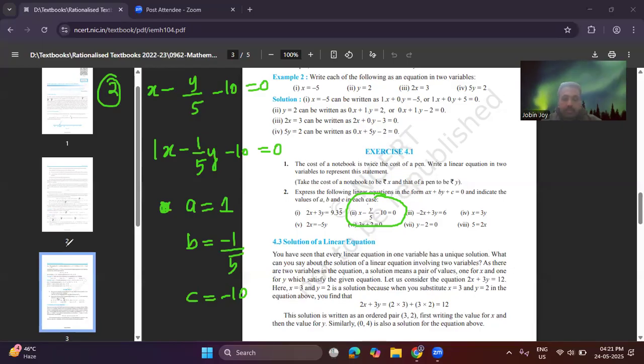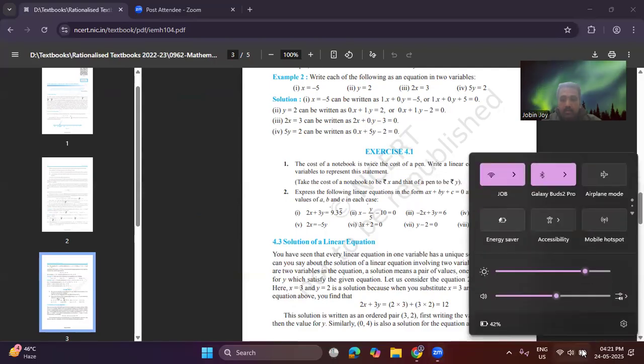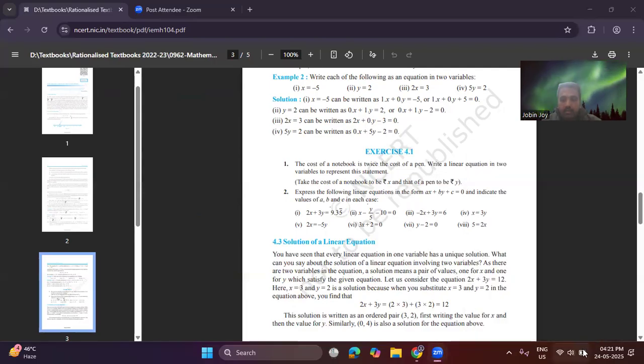Next question. Third question: minus 2x plus 3y equal to 6.